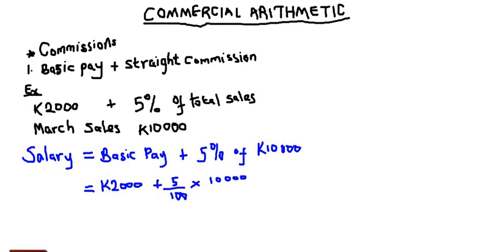All right. So simplifying this calculation, we are going to have the salary for March as 2,000 plus 500.